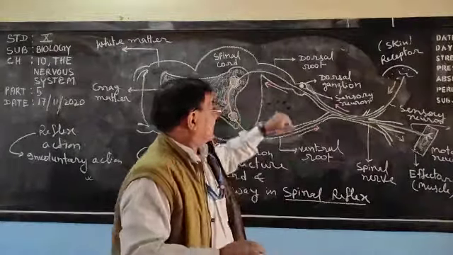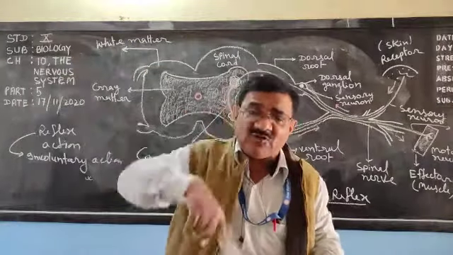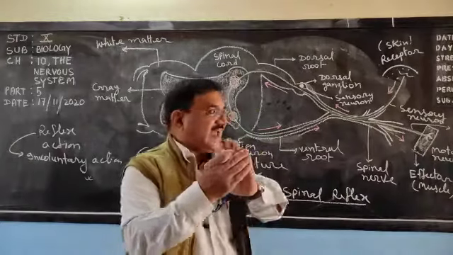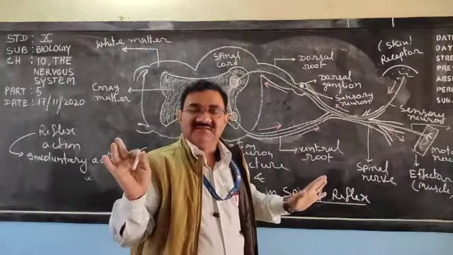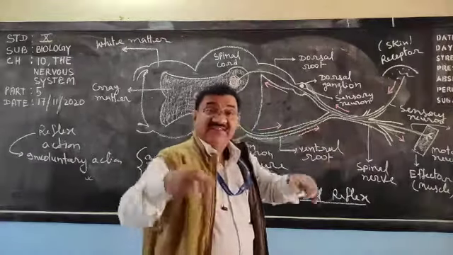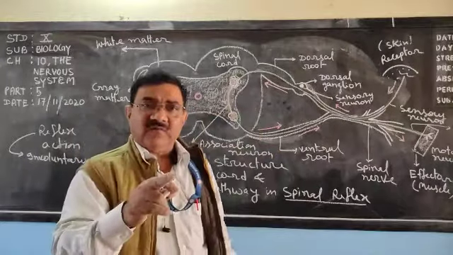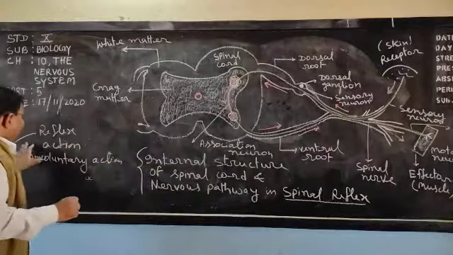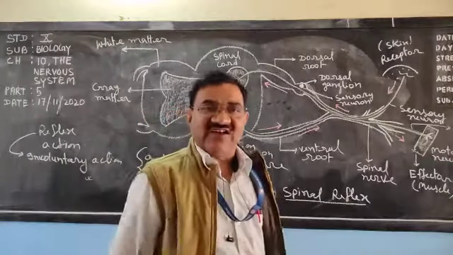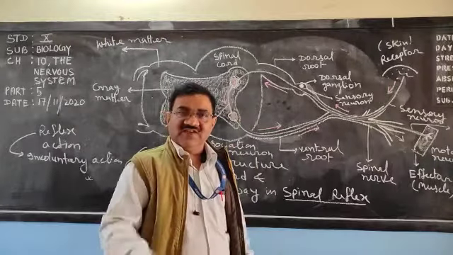No. This impulse will not go to the brain because reaching the brain and coming back from the brain will take time, and during that time I will be burned. So that type of action is carried out from the spinal cord only, and that action is called a reflex action. Sudden involuntary action is called reflex action.